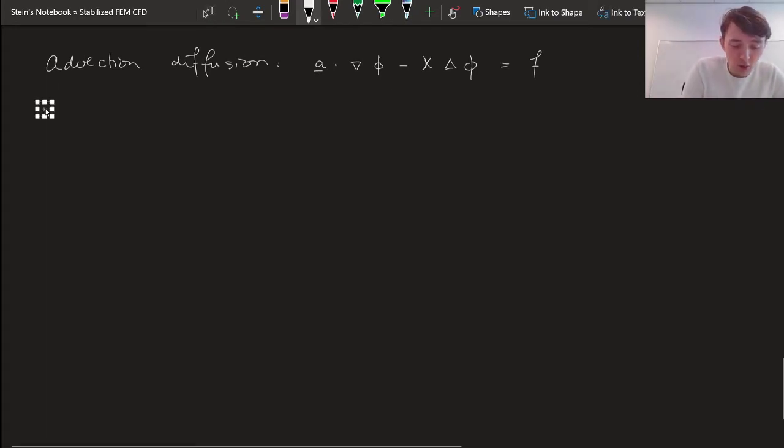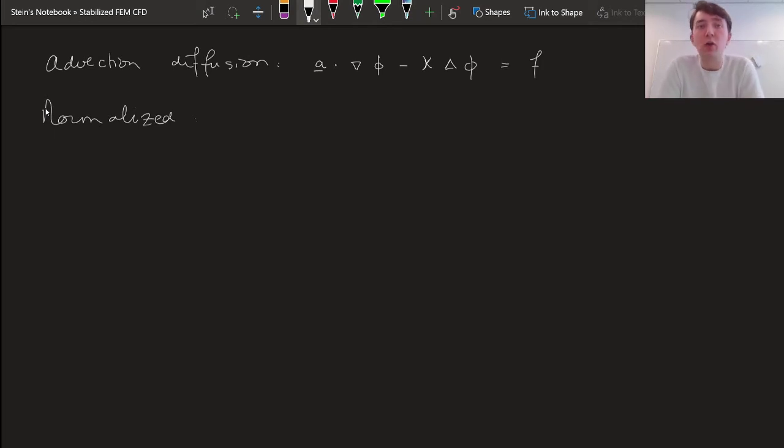So first we normalize these, by dividing the whole expression by the maximum magnitude of our advection field A. So then we get a normalized advection field, A tilde, dotted by the gradient of our concentration or our temperature phi, minus kappa divided by the maximum magnitude of A, that's the Laplace operator on phi.